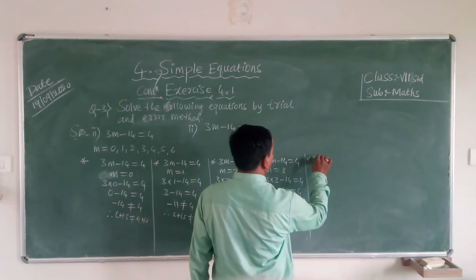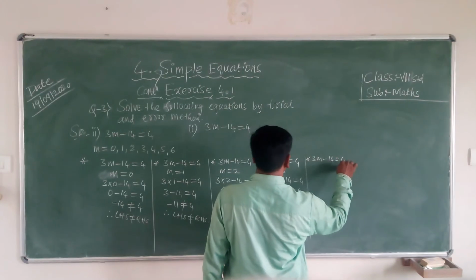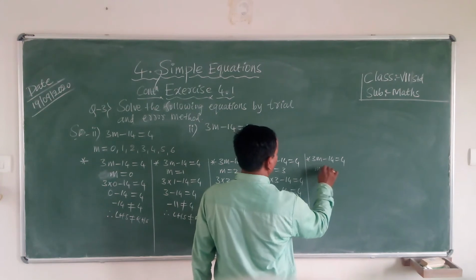Next trial, 3m minus 14 is equal to 4. So m is equal to 4.